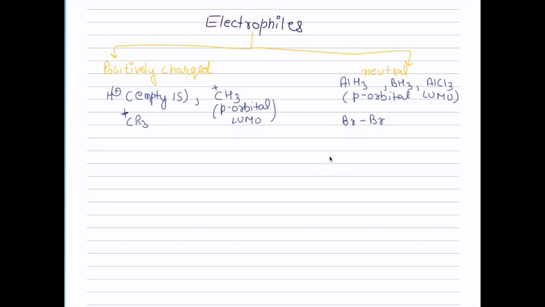Even if you make the molecular orbital diagram, you will see the sigma and sigma star are of very low energy. So it is very easy for the bromine bond to break because the energy of the sigma star is not very high. Here the LUMO is sigma star in Br2.